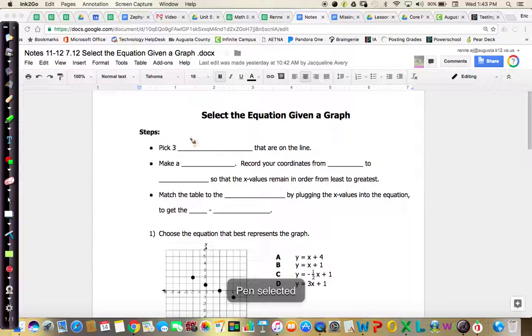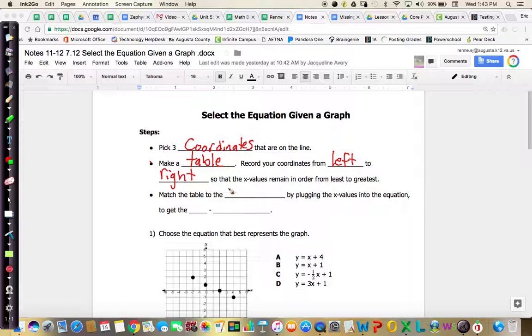The first step is to pick 3 coordinates that are on the line. The next step is going to be to make a table and record your coordinates from left to right so that the x values remain in order from least to greatest.